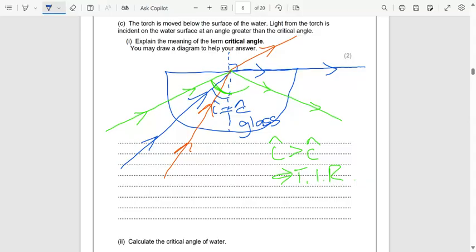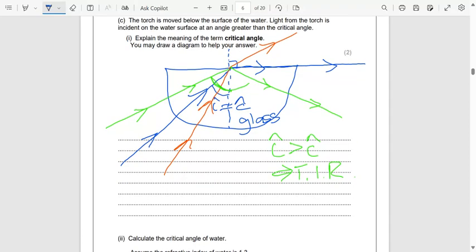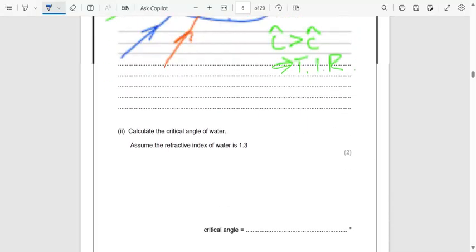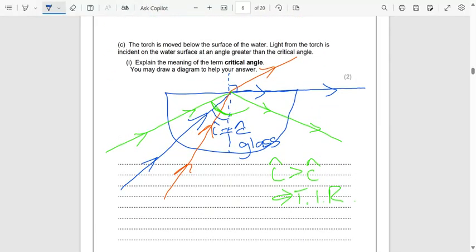Or you could describe it in words: it's the angle of incidence in the higher optical density medium which gives an angle of refraction of exactly 90 degrees. Again, a picture's worth a thousand words. I would definitely have drawn a picture there, and if you'd drawn that picture, that would have got you both marks.